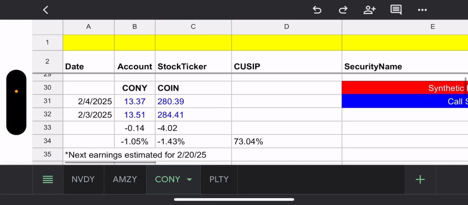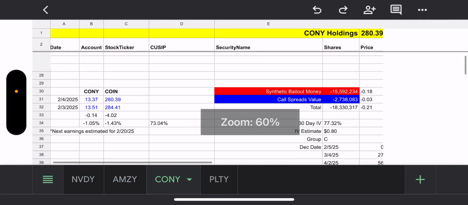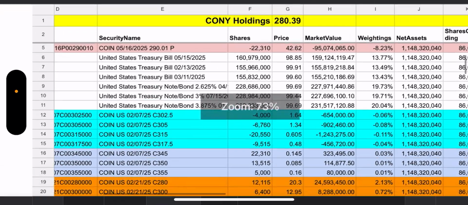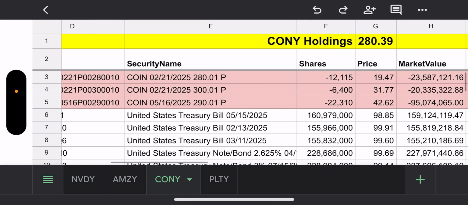Okay, so here's Coin. Coin went down 1.43%. Kind of a rough day. CONY went down 1.05%. So, as you may recall, we had four synthetics. Now we're down to three, but look at the 290. Look at that date.